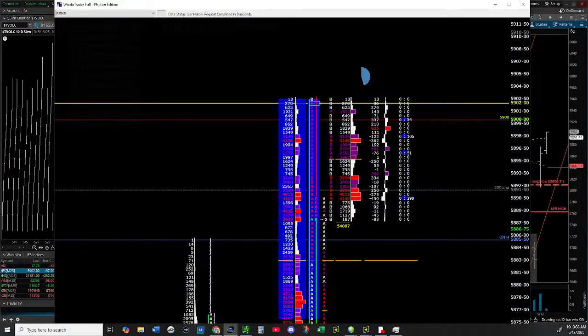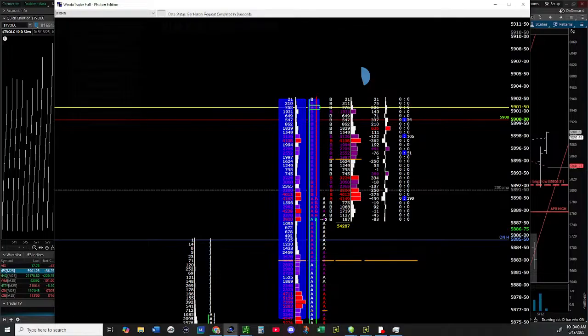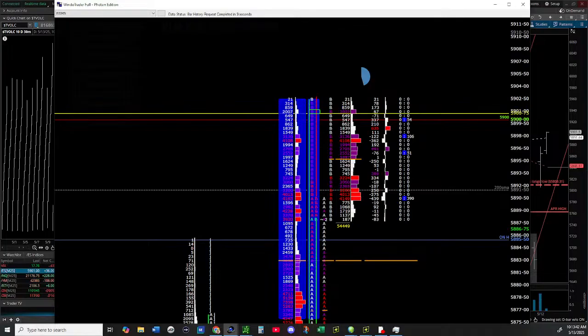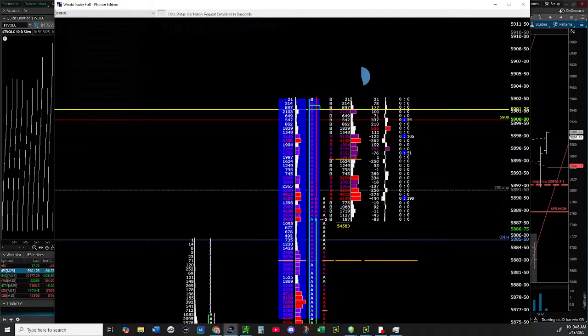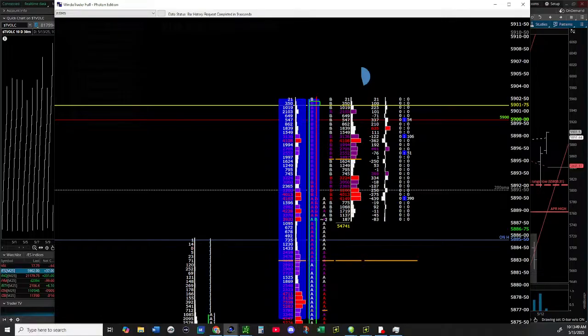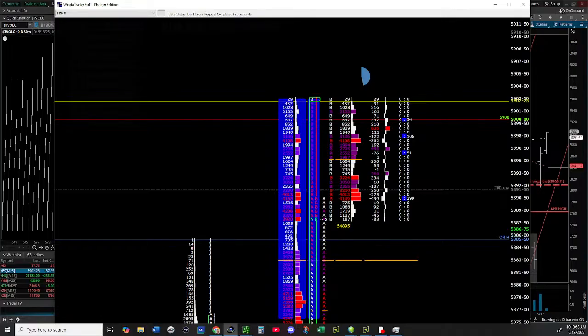Notice where it's being bought from, the 5900 now. Now if you have this kind of short-term trading here, what do you think will be the next thing that we'll watch on the upper side?